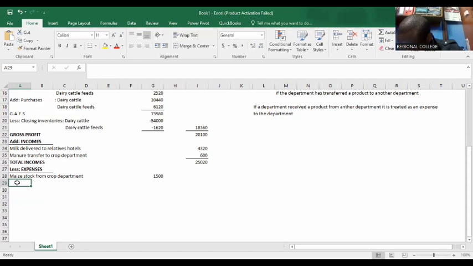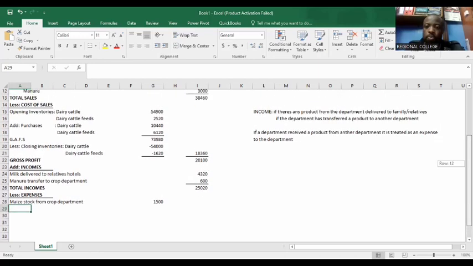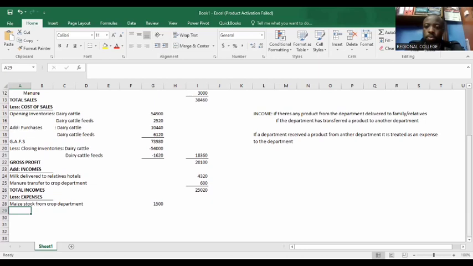I want to read what you've written there on income. Just scroll up and down. See if there's any product from the department delivered to the family relatives, or if the department has transferred a product to another department.